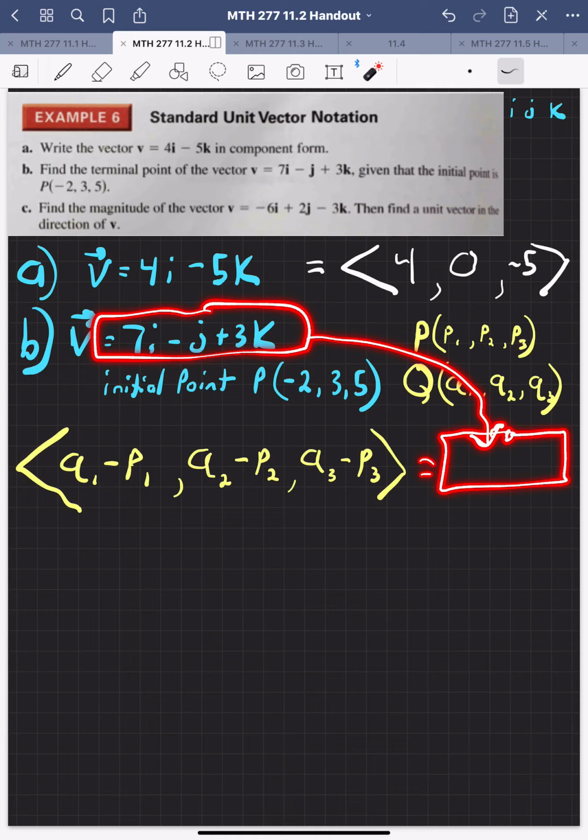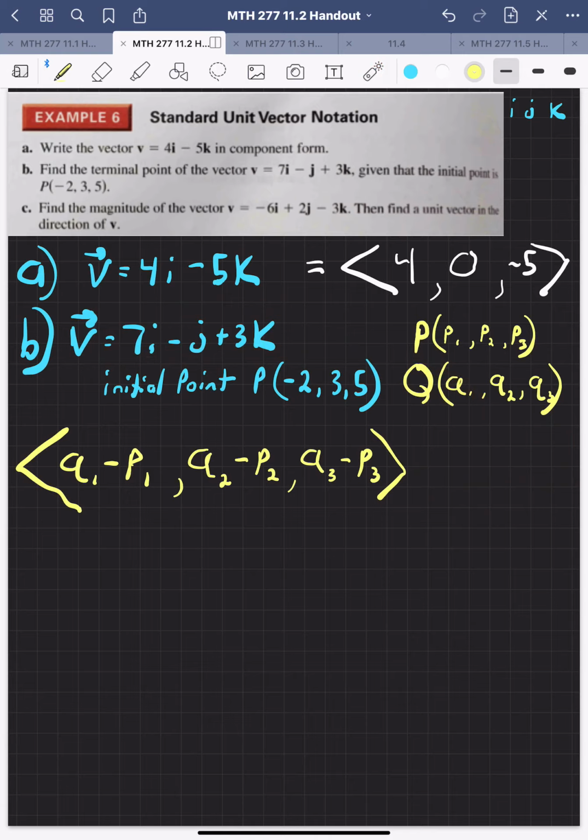Let me now show you what's going to happen here. In component form, this would just be 7, -1, 3. So I know the vector.